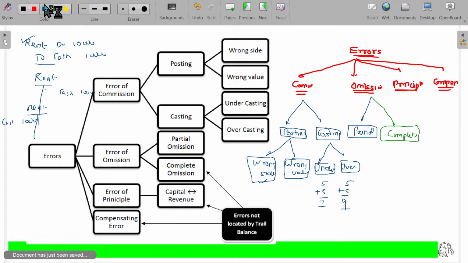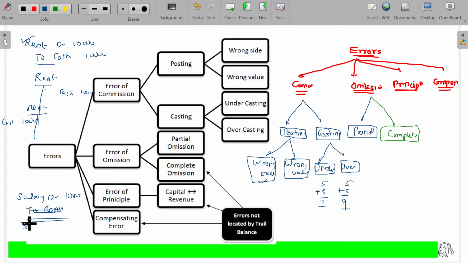So, salary paid. The entry should be salary account debit to bank, maybe 1,000, but I posted only 1,000 here. I forgot to record in bank. Either we might have shown in the debit side without showing it in the credit side, or the credit side shown but the debit side not shown. It's called partial.